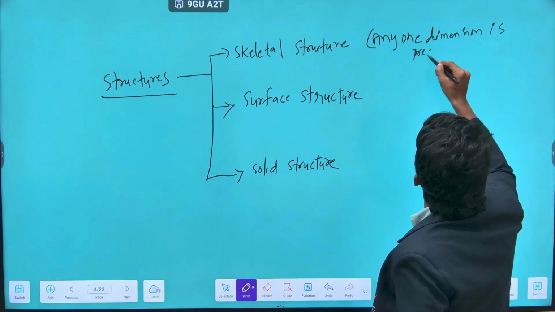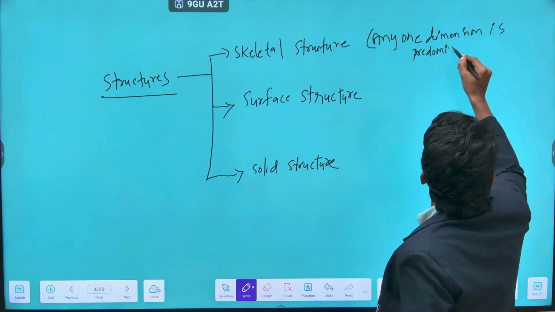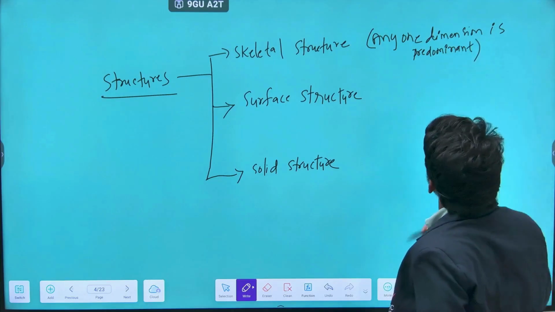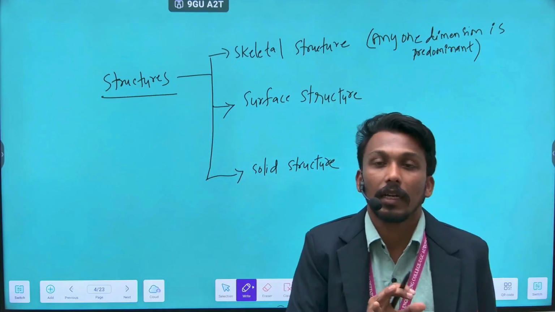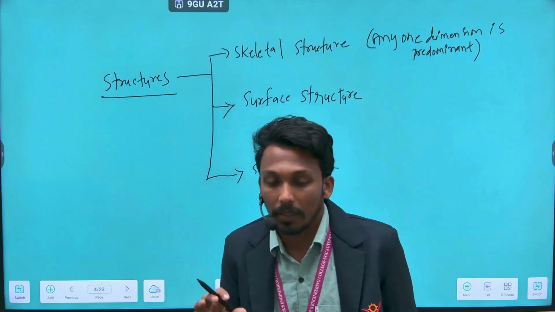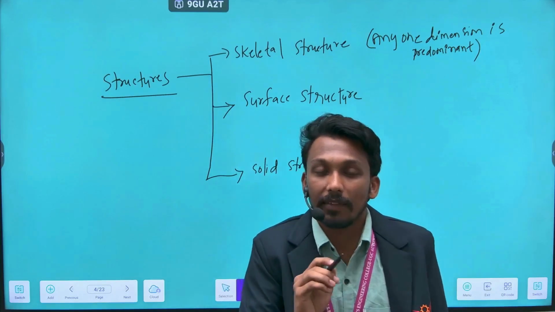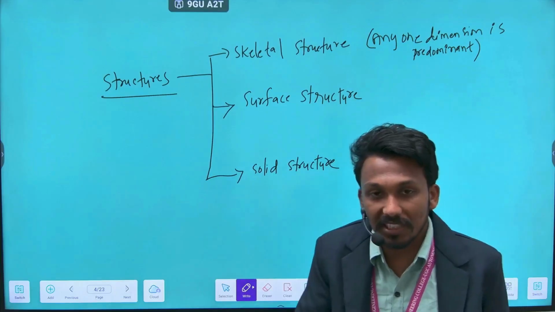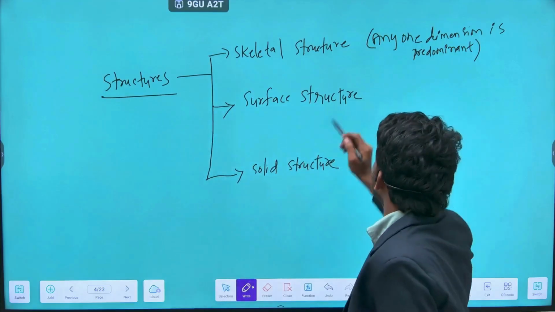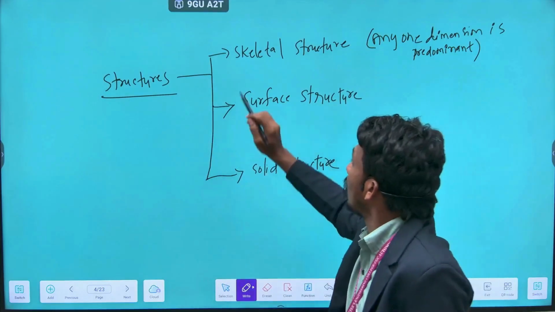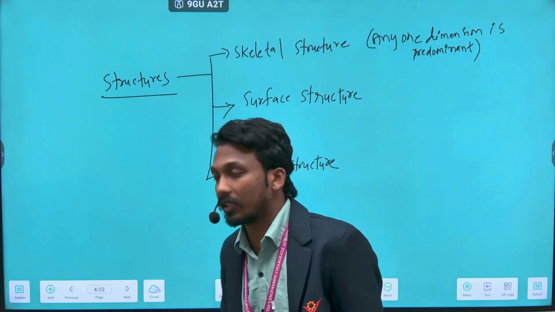What do we mean by that? Let us take a beam. If we consider a beam, when compared to the length of the beam, the cross sectional dimensions, that is width and thickness, are very less. It means the length is predominant here. Such things we call skeletal structures.